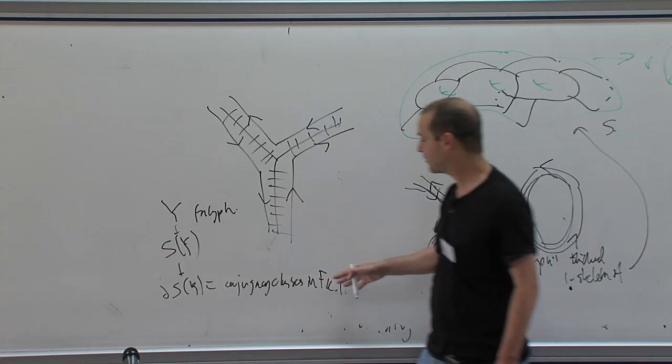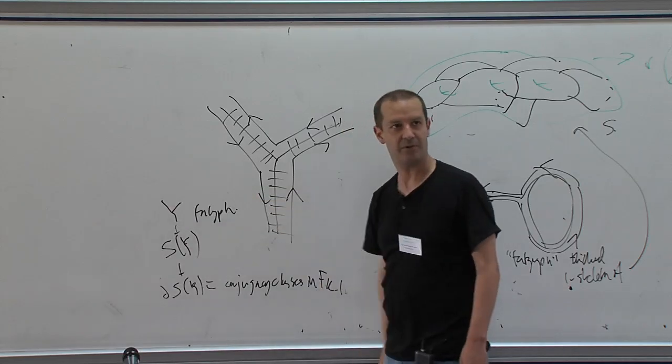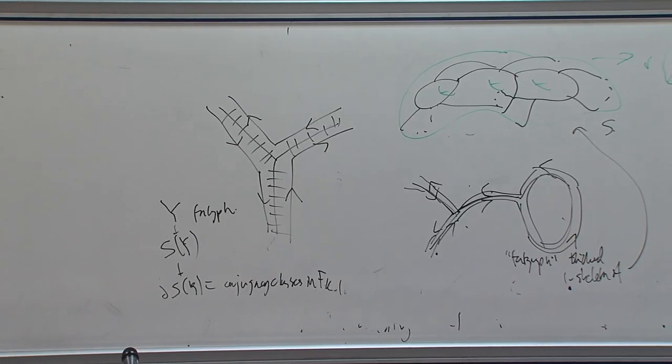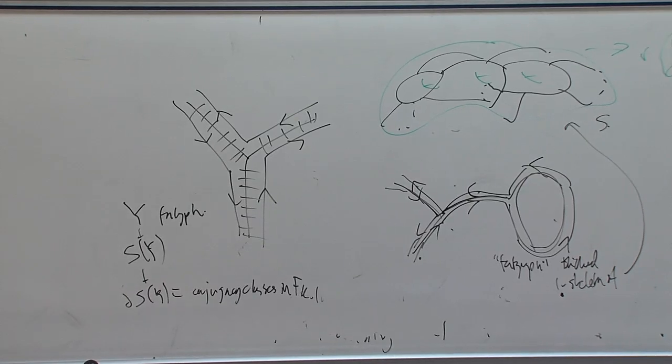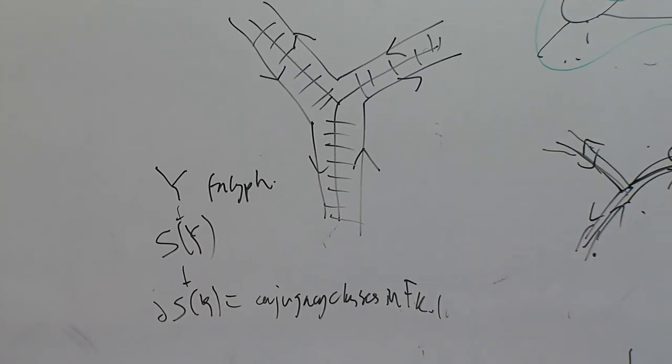Okay, and the idea is to go backwards: given a bunch of conjugacy classes in FK, to arrange them as the boundary of a fattened fat graph. So the thin fat graph theorem says the following. Well, I'll state it, then I'll explain what it means.